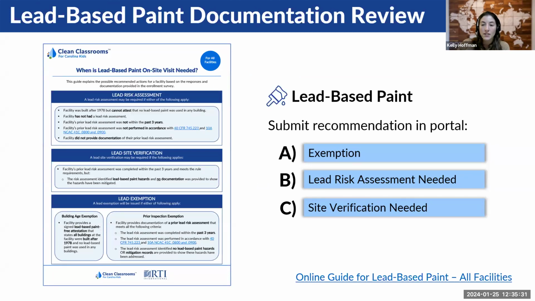Although facilities are asked to upload documentation associated with any prior lead-based paint inspections, these will not be counted towards a prior inspection exemption. According to the new rule, it has to be a lead risk assessment performed by a certified lead risk assessor to meet the exemption criteria.